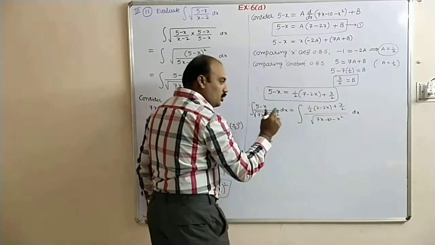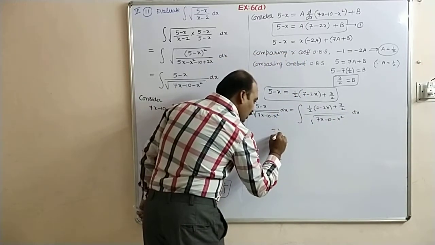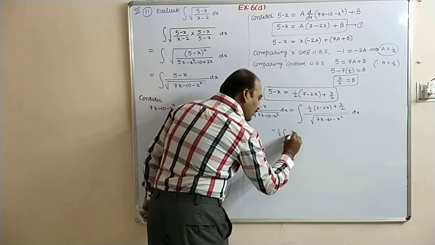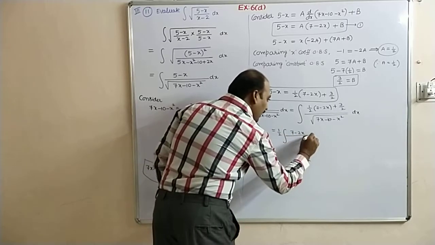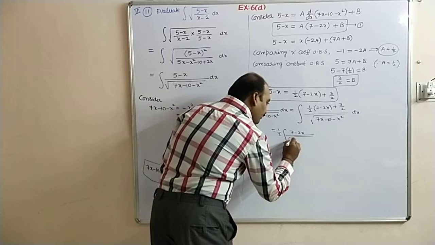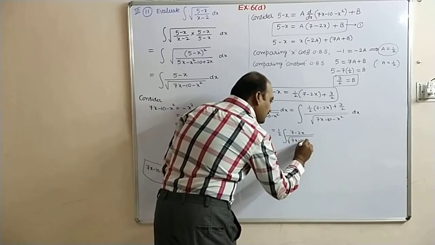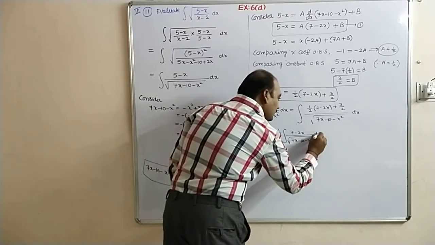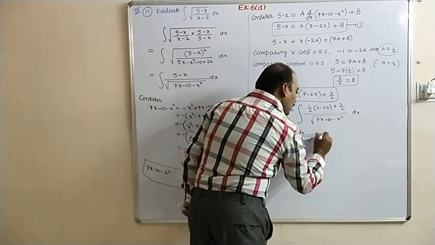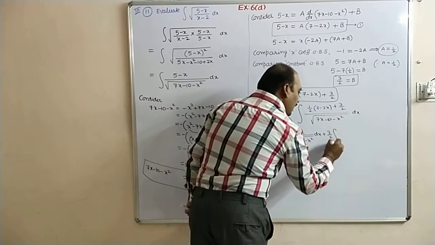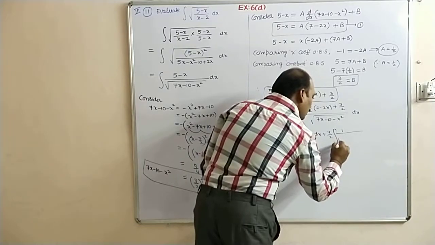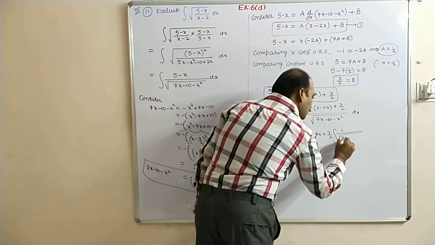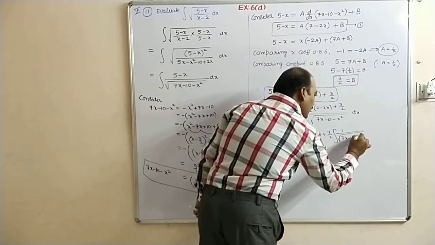Now split into two terms. 1 by 2 integral of (7 minus 2x) by square root of 7x minus 10 minus x square into dx, plus 3 by 2 constant, integral of 1 by square root of 7x minus 10 minus x square into dx.